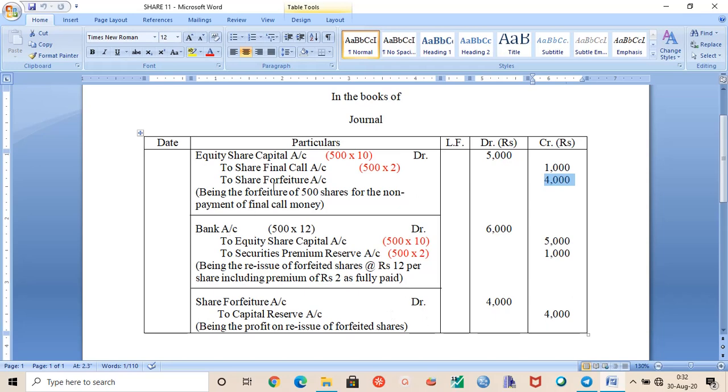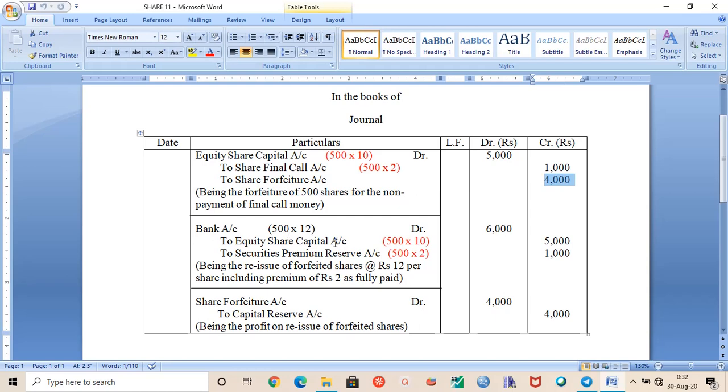Why don't we have share forfeiture account on the debit side in the second entry? Whenever the shares are reissued below the nominal value or the face value, only then the share forfeiture account will appear on the debit side. Here rupees 10 is the face value and the shares are reissued at rupees 12, so share forfeiture account will not appear on the debit side.